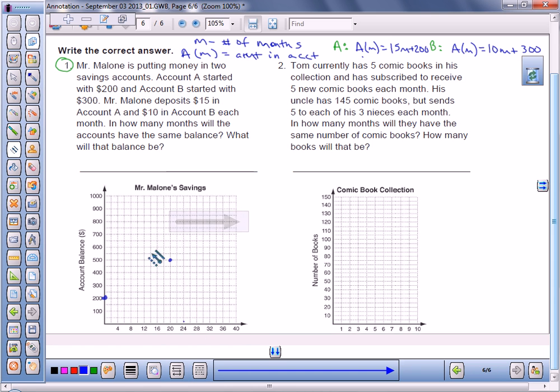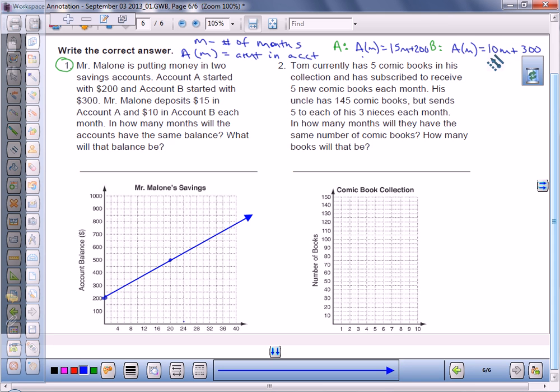Alright, now you take the same approach and see if you can graph B. Alright, let's do this.